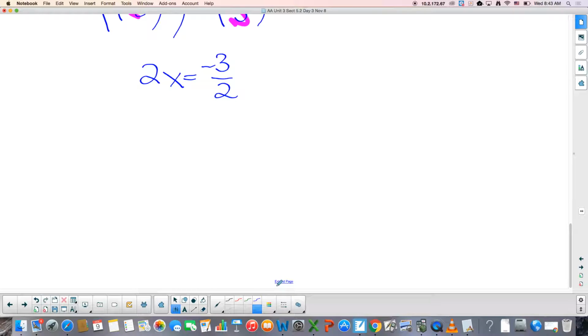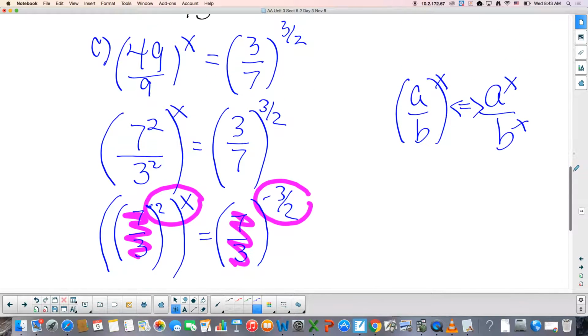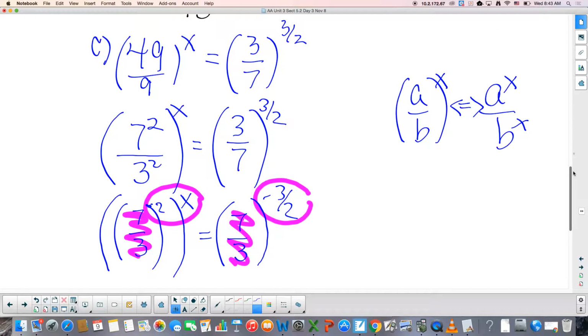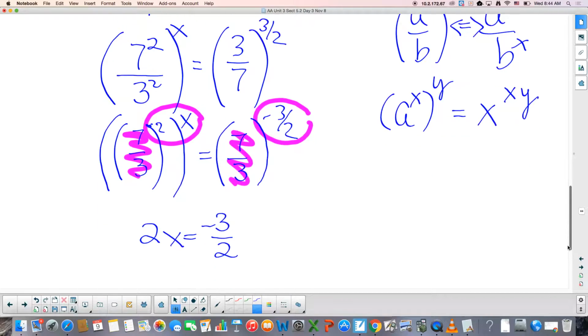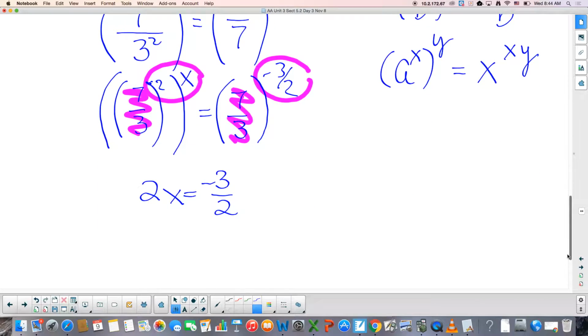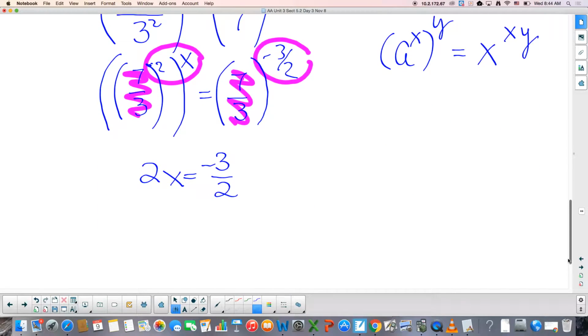So why is it 2x and not 2 to the x power? Because if I have a to the x to the y power, then we multiply those, x, y, and I did skip that step. And you don't have to write that step, by the way, if you see it. I can see that some people see it, other people are not quite seeing it. We got more problems to do.